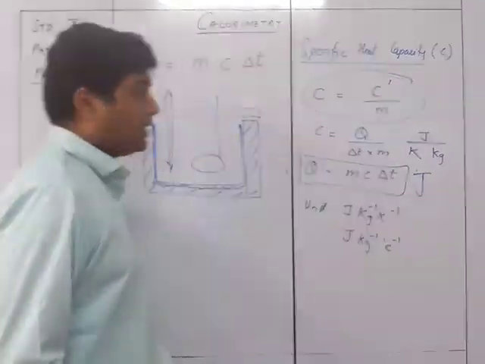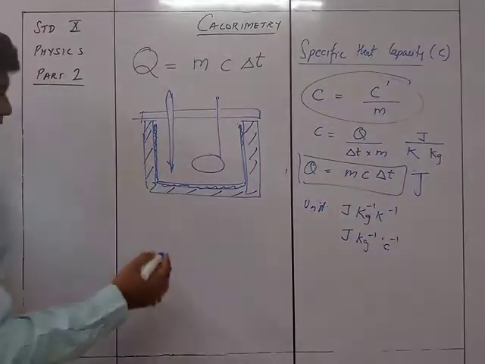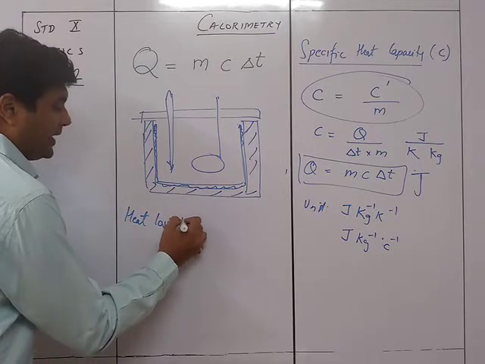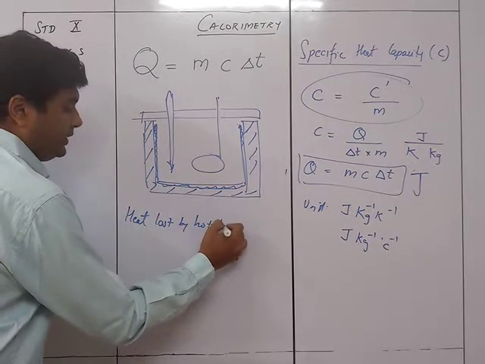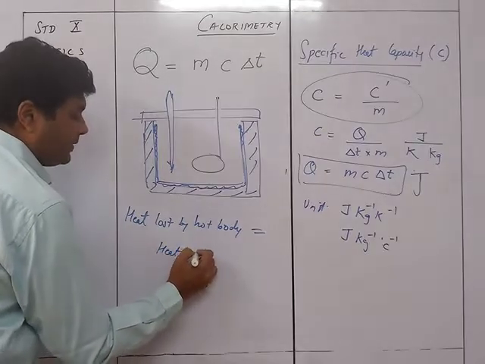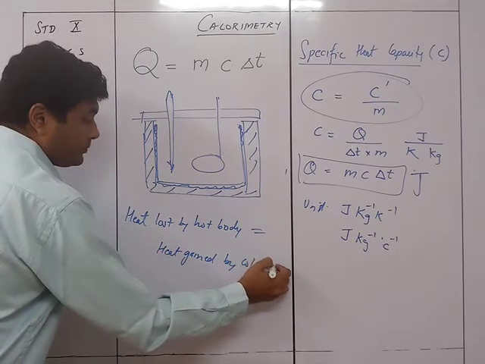Now this is nothing but the principle of calorimetry. So heat lost by hot body is equal to heat gained by cold body.